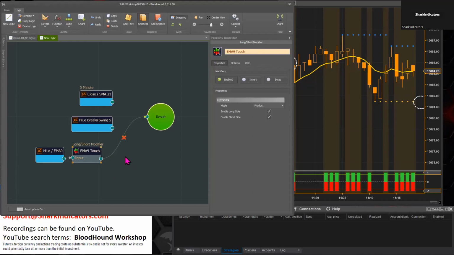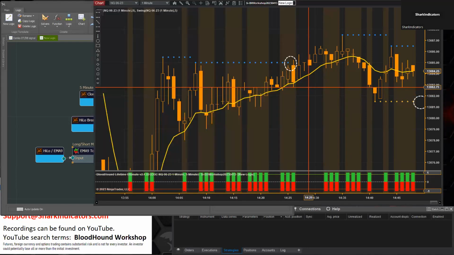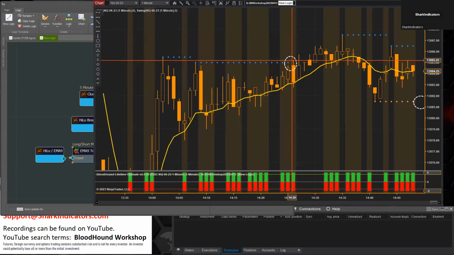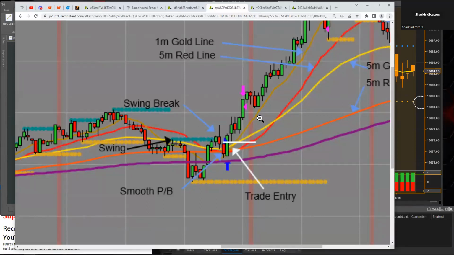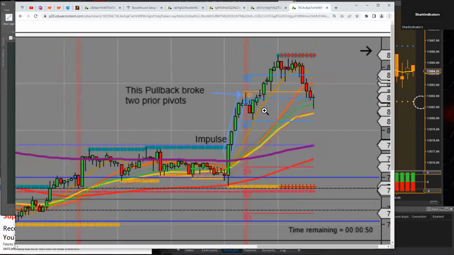Now this is where we're going to start building in the pullback, that smooth pullback after a swing break. Right, so this is where I'm going to go back to my images.